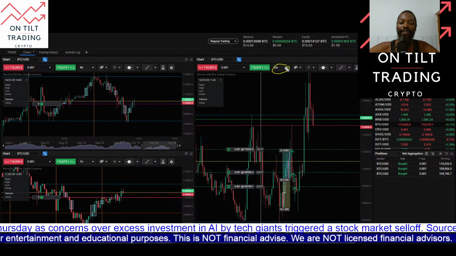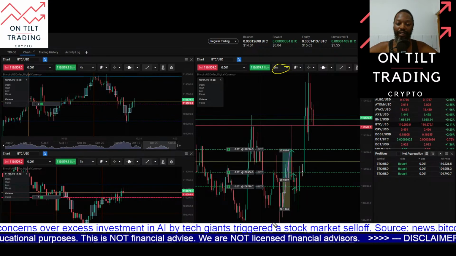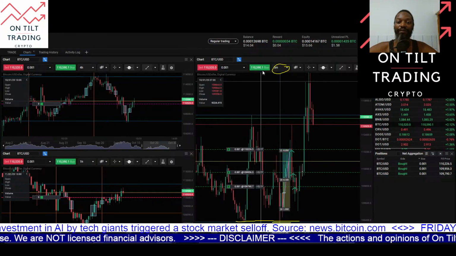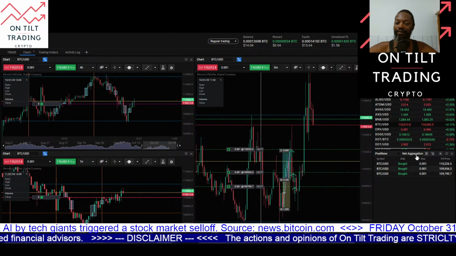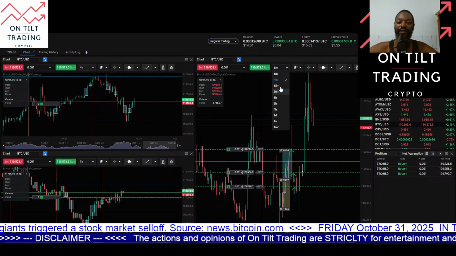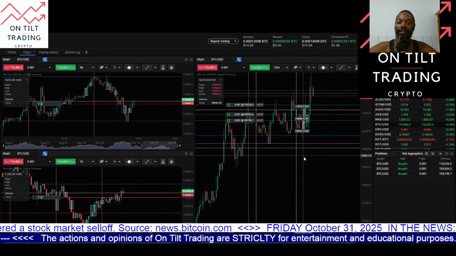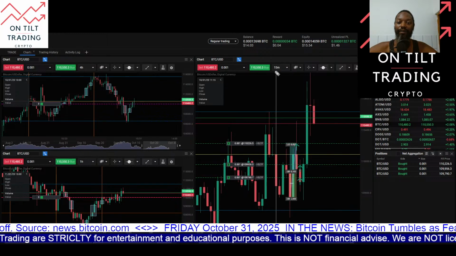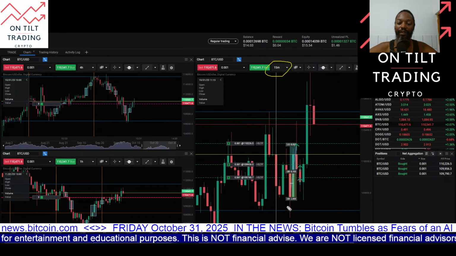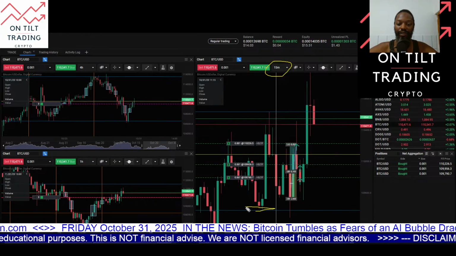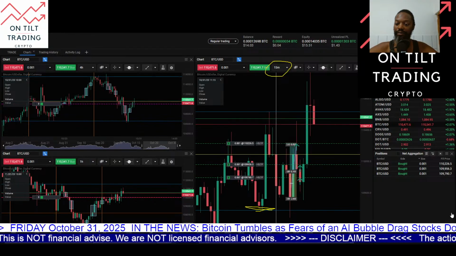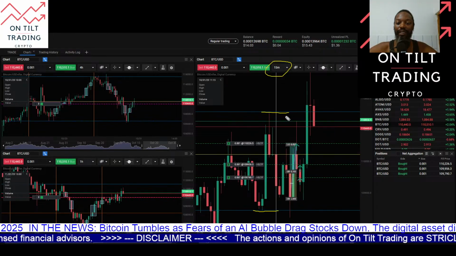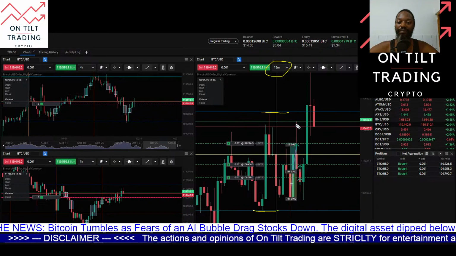And then we'll come over here to the 5-minute chart. So here you can see the swing. Actually, we'll come to the 15-minute chart first, and then we'll go down to the 5. Okay, so here on the 15-minute chart, there's the swing low here, and then there's a swing high here on the 15-minute.